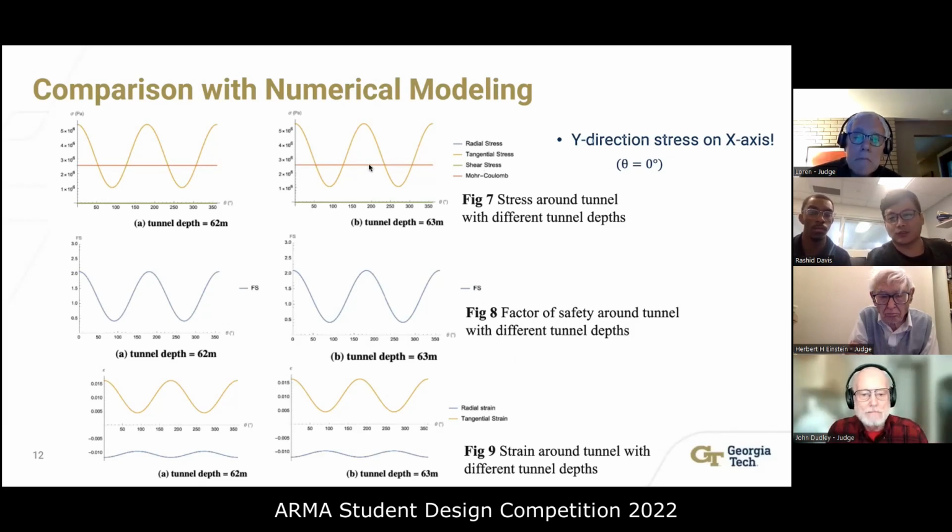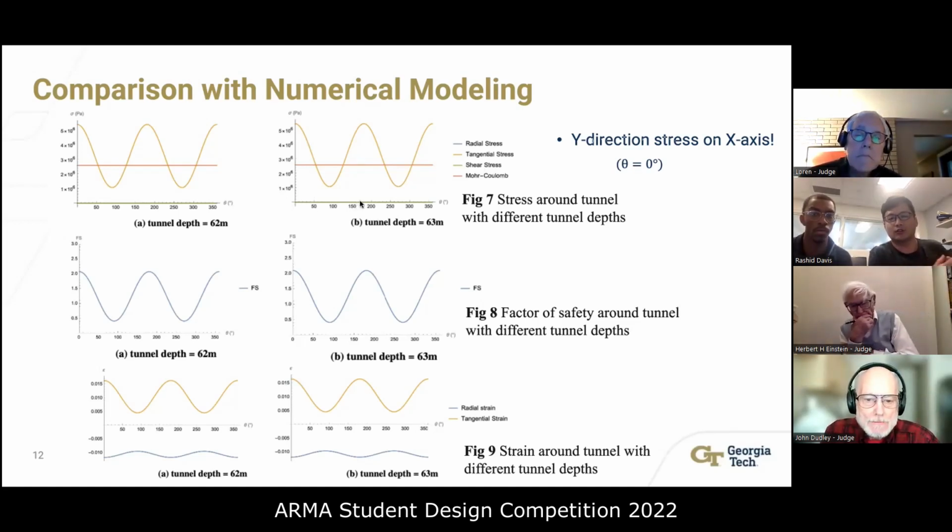When theta is equal to 0 or 180 degrees, so it's horizontal, it's the lateral wall of the tunnel. The stress here is over the Mohr-Coulomb criterion, so this rock will actually fail on the lateral wall.